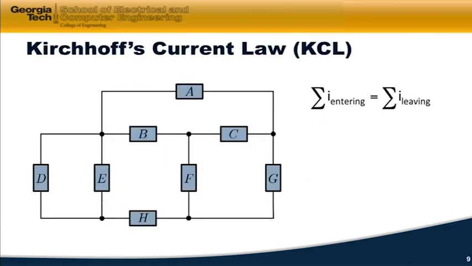Kirchhoff's current law says that the current entering a node equals the current leaving a node. For example, suppose I've got this current. This is a node right here, and this is a node because everything here is connected.